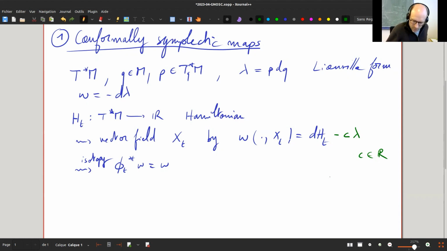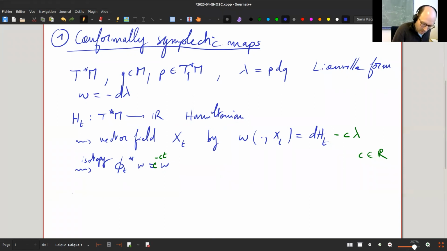The result of this change is that an exponential of minus ct appears in the equation, and that motivates the dynamical study of conformally symplectic maps.